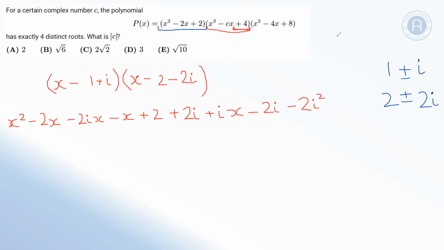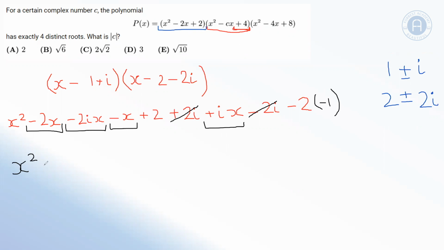We can do a little bit of simplifying here. We've got a positive 2i here and a negative 2i here, and we've already discussed that i squared becomes negative 1. Now we need to collect our terms. For x squared terms, we just have the 1x squared term. For our x terms, we've got negative 2x, negative 2ix, negative x, and plus ix.